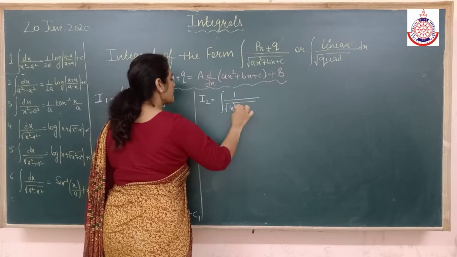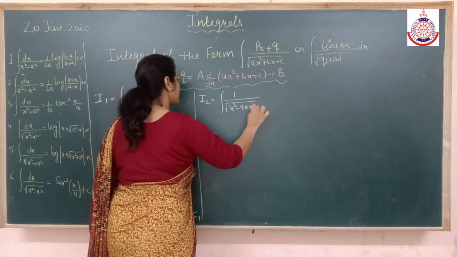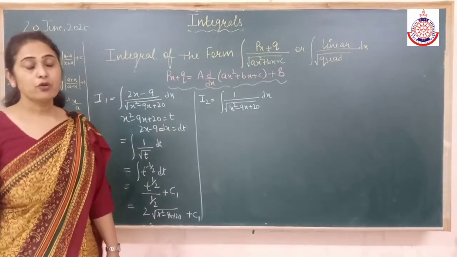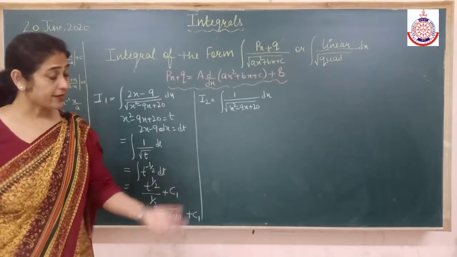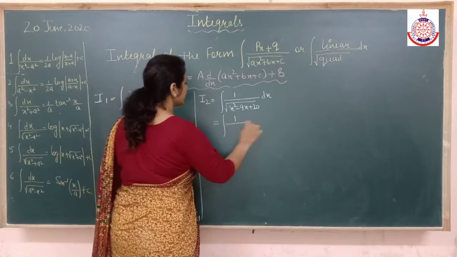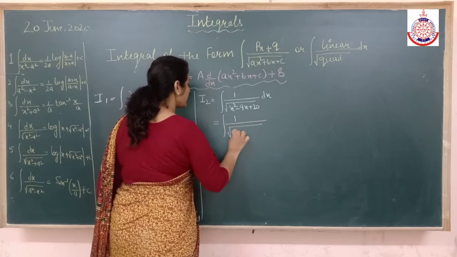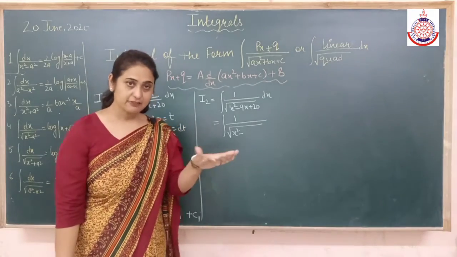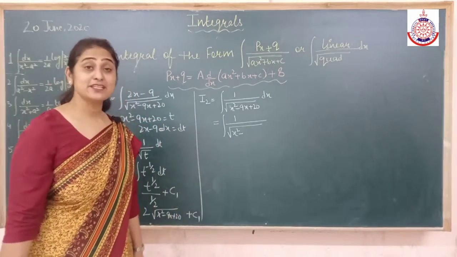X square minus 9x plus 20. 1 upon quadratic in under root. What we did right now. So the coefficient of x square should be 1, which is already there. Then what do we do? The square of half of the coefficient of x. Minus 9's half, minus 3.